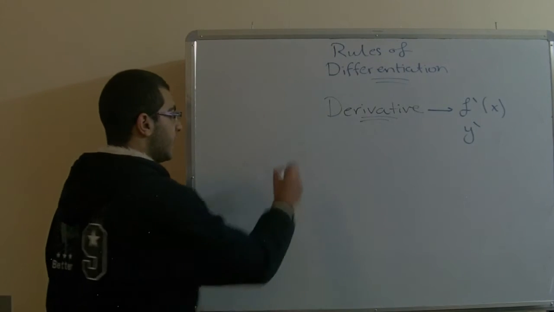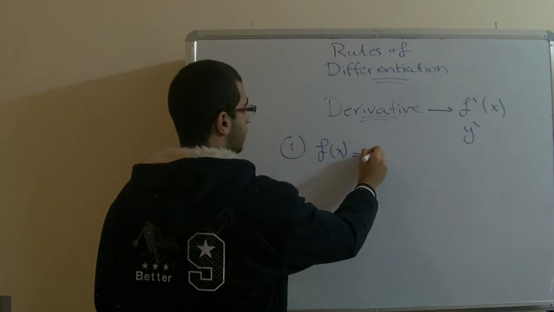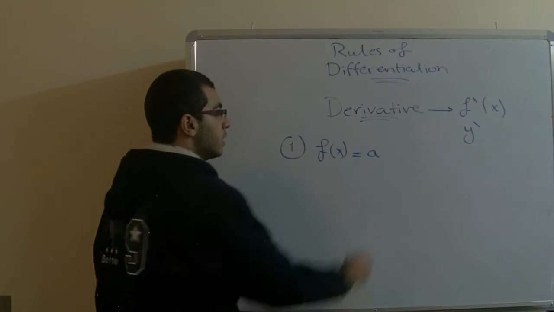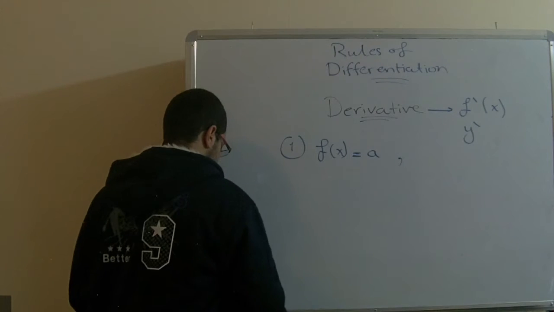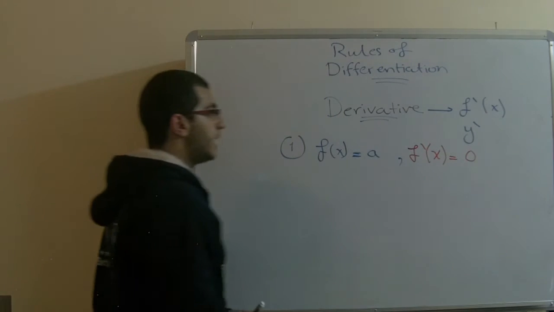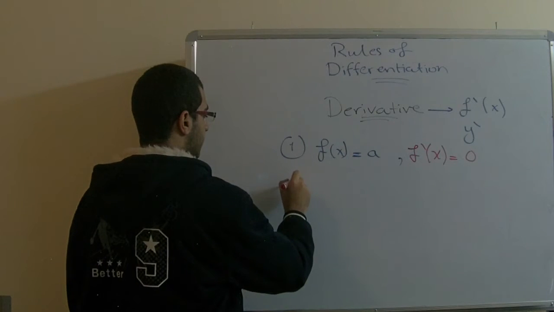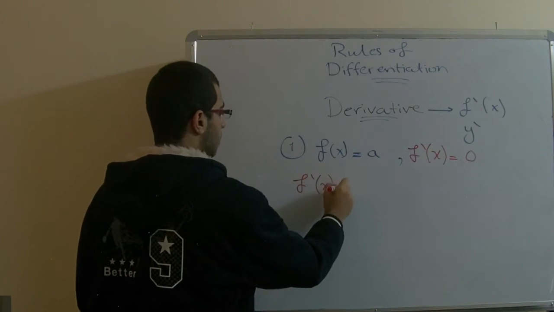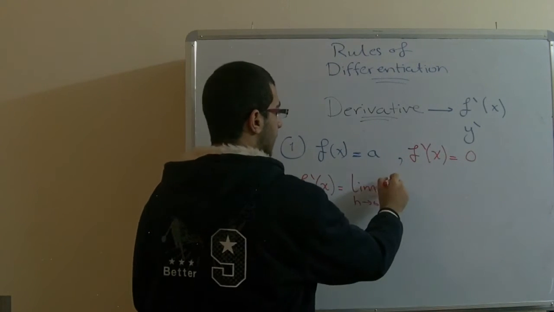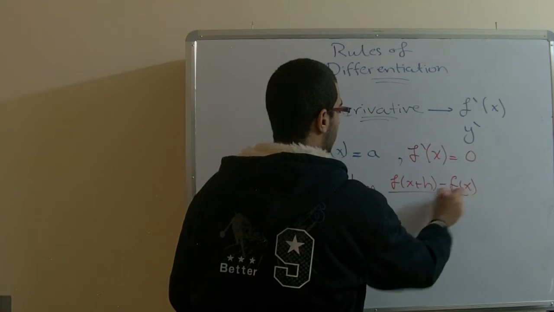The first rule is if our function is constant equals a, there's no variables, there's no x here, so our f dash x equals 0, and we will prove it now. We know that f dash x equals the limit of h approaching 0 of f(x plus h) minus f(x) over h.